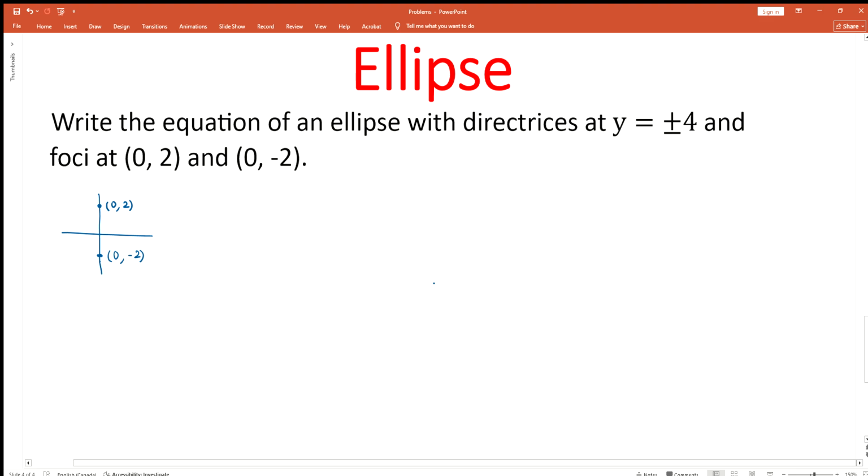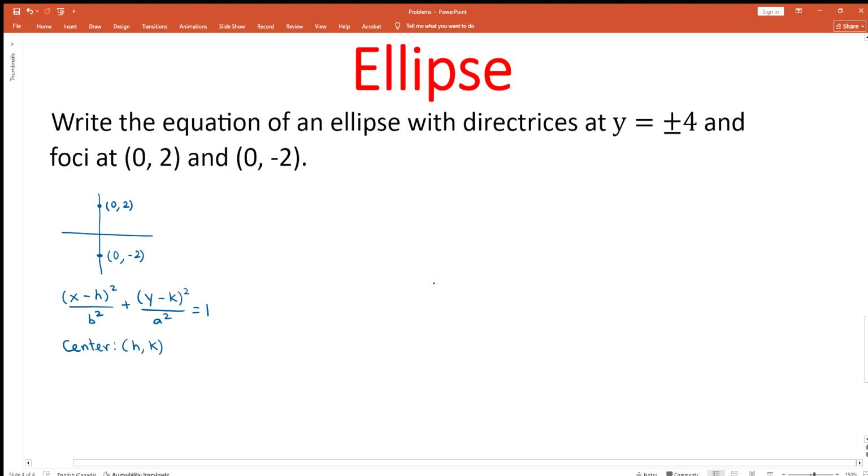The general equation is (x - h)² over b² plus (y - k)² over a² equals 1. In this equation, the center of the ellipse is (h, k).